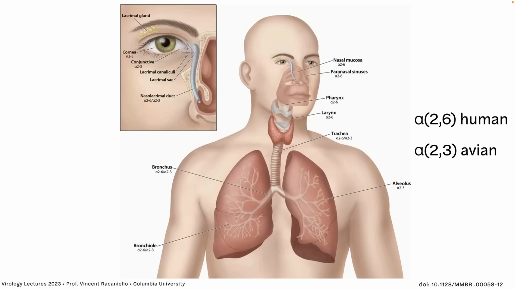But there's another way humans can get infected. Our eyes here, our cornea, our conjunctival membrane, the nasolacrimal duct, they all have alpha-2,3 sialic acids. And so it has been documented on chicken farms that chicken farmers get infected.